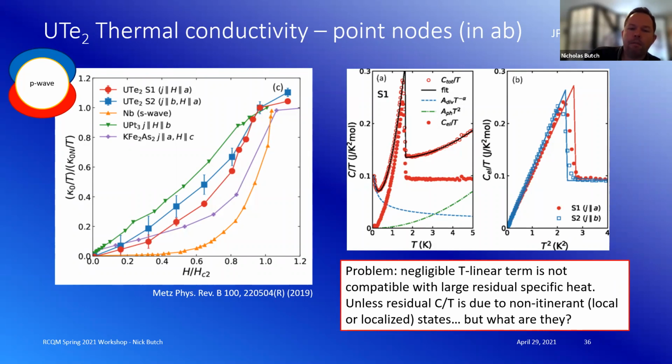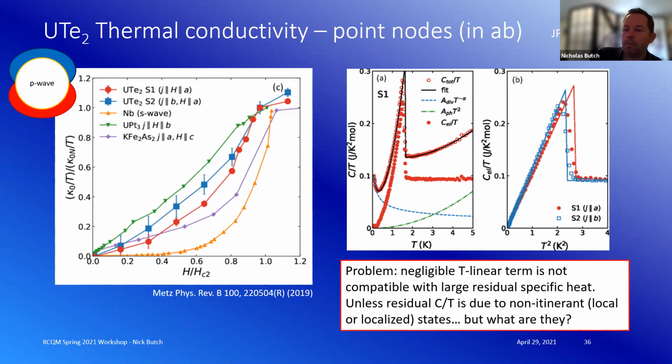One is I'm showing in the figure on the right, in this case, an extension beyond our earlier measurements. So the C over T down to lower temperatures, you'll notice that there is actually an uptick here, right at the lowest temperatures. And one of the problems, if you read faster than I talk, is that in the thermal conductivity, there's a negligible low temperature term. It actually basically extrapolates to zero.